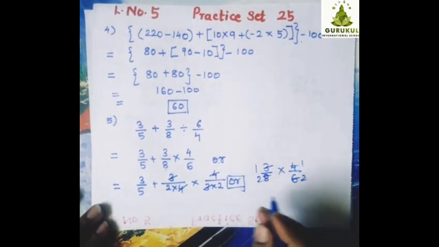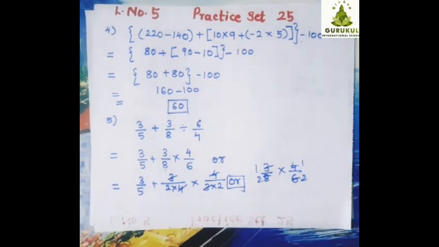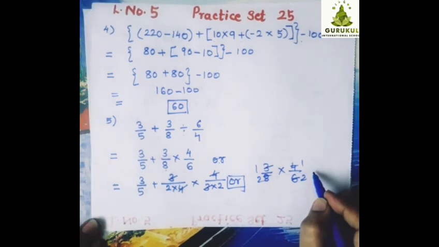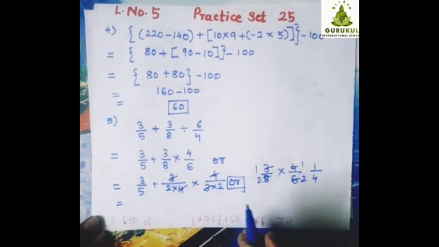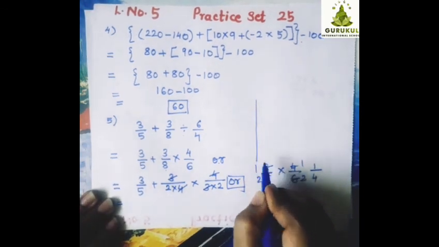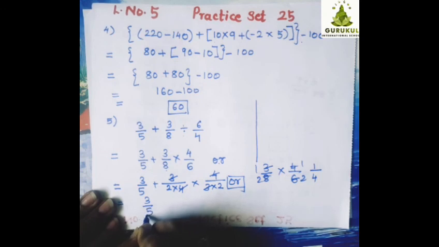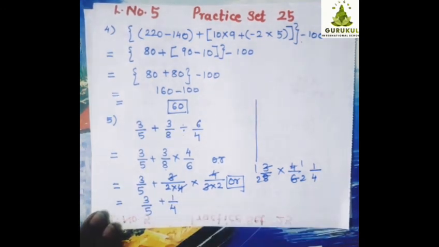I have split it up so that it becomes easy for you to understand. What's remaining over here? 1 upon 4, correct. So I will write the sum over here on this side and continue: 3 upon 5 plus 1 upon 4, correct.